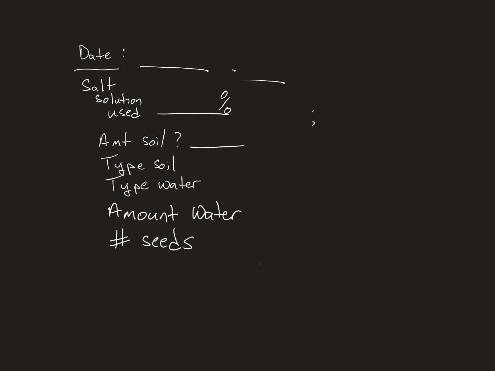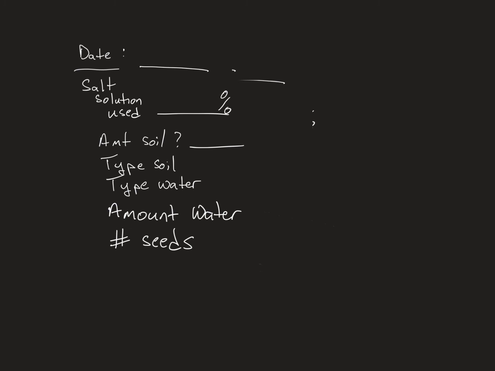So the way this lab was originally set up, every group in this room would have one pot with one set of seeds in it. And you'd have one salt solution, then we would collect class data on it.